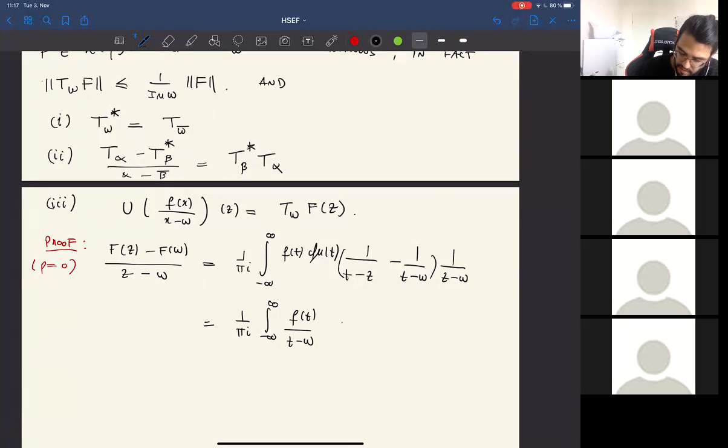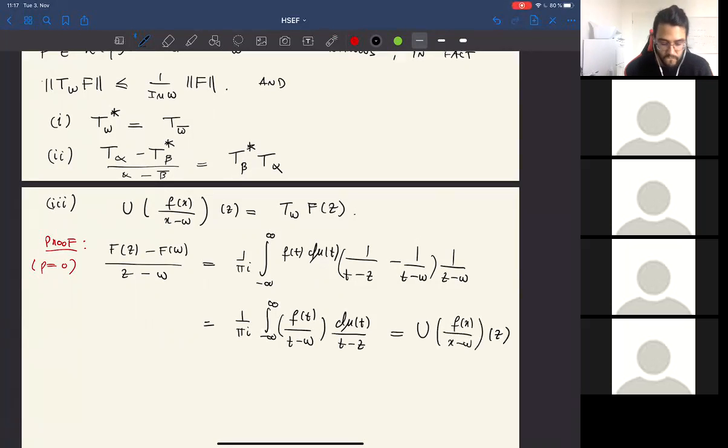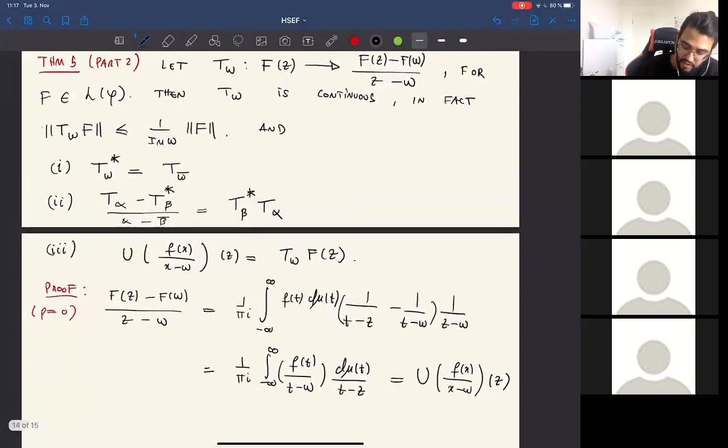Okay, and then the d mu t divided by t minus z, which is exactly, if you do this, exactly U of f(x) over x minus w at the point z. Okay, so that shows identity 3, which also shows that TW of f is also a function in the space.